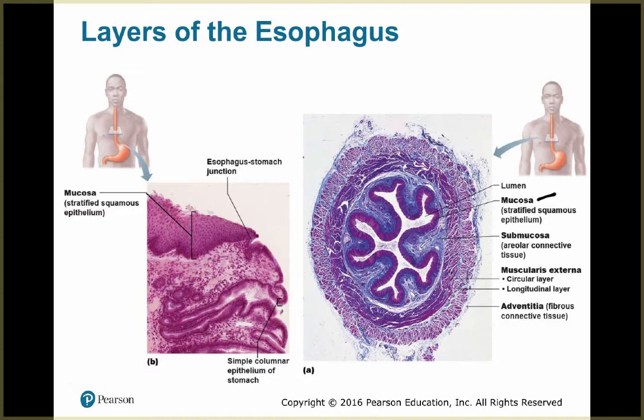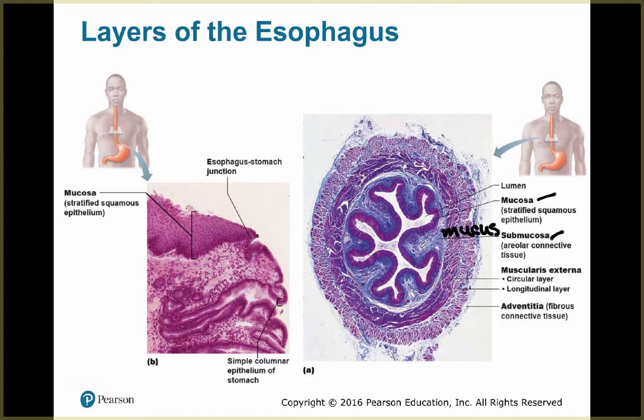Not truly important to know, right? Then we're going to have the submucosa, and this is where the mucus gets secreted, and that's going to help to move the bolus within the esophagus.